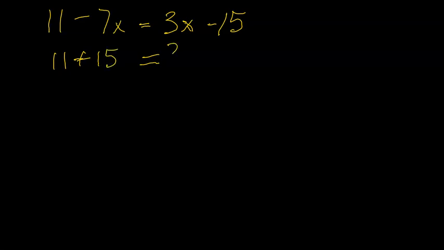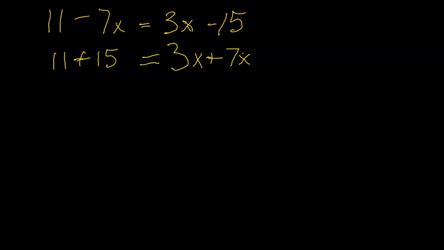We have 3x here. It's already here. Now we need to move minus 7x to join it on the right side. Minus 7x becomes plus 7x. So you notice in one step, we've jumped a series of steps that we could have taken to get to a point like this.